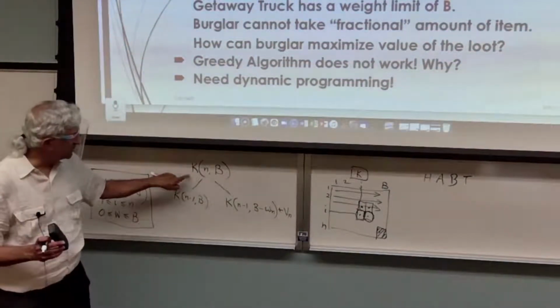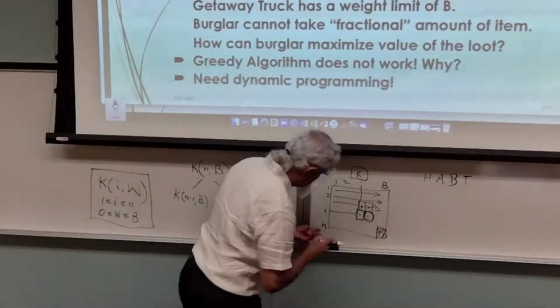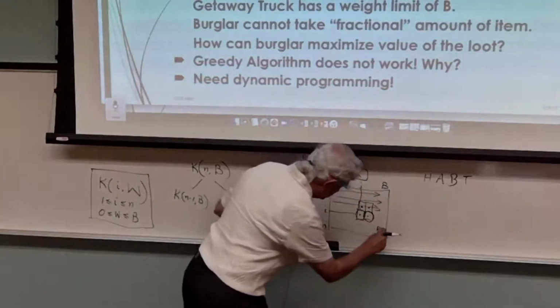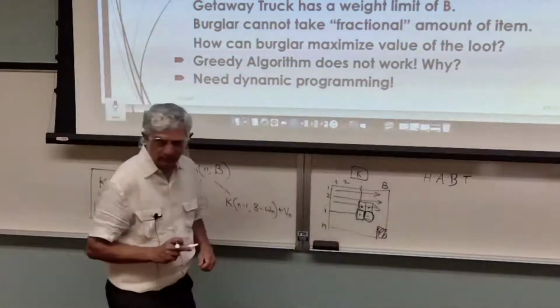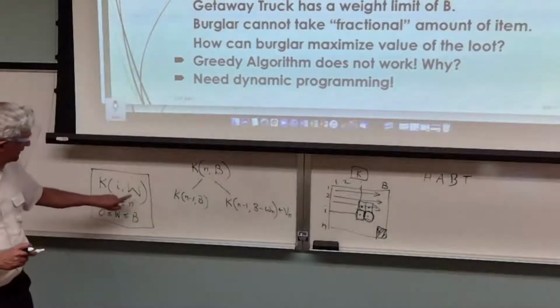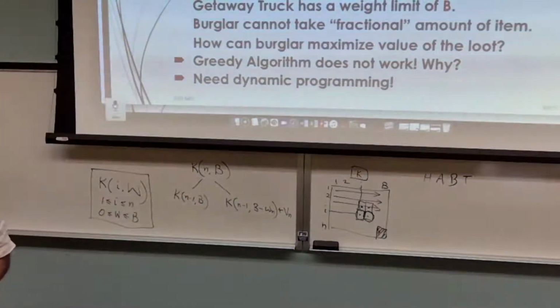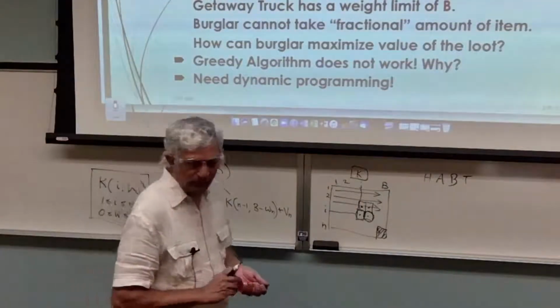And I want this guy. This is the answer that I want. When i is equal to n and w equals b, that's the problem that I want to solve. So pretty much all the pieces are now there.